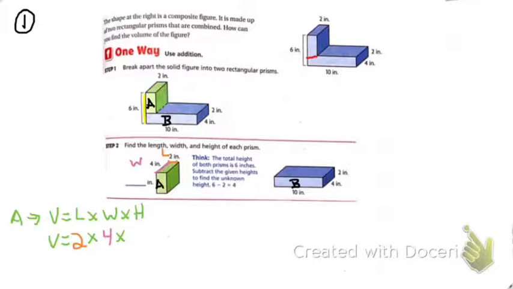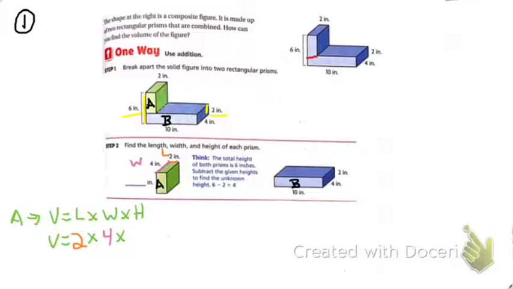That includes the height for A and B, and I know that the height for the total of A and B is 6 inches. Well, look at that composite figure again and find out if there are any other heights shown. And I see on the right side there's another height, and that says 2 inches.